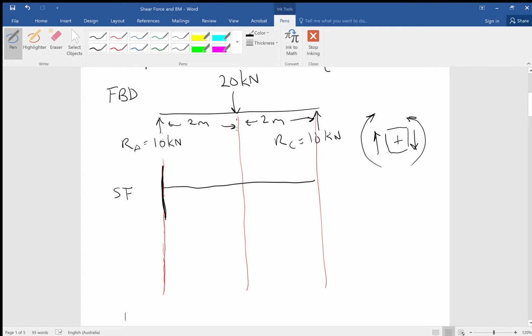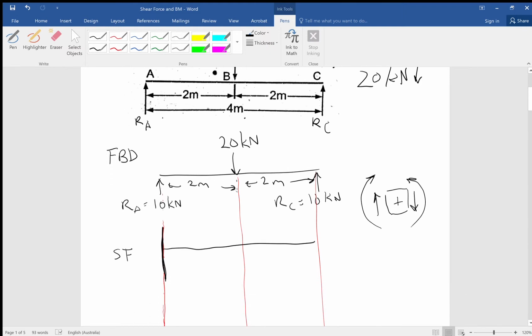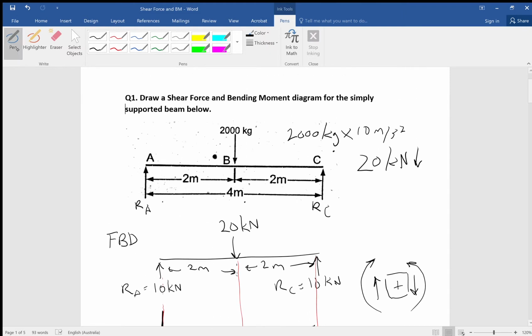So we can see here on this side of the diagram, I'll just step up a bit so we don't ruin our picture, that this force acting up and this force acting down is going to cause the thing to rotate this way. And we know that clockwise rotation means, using our sign convention, we have a positive shear force.